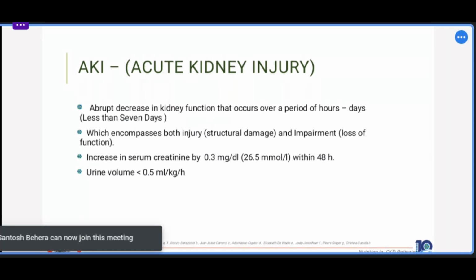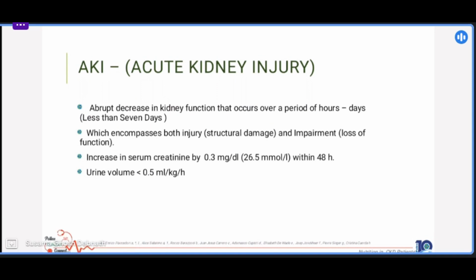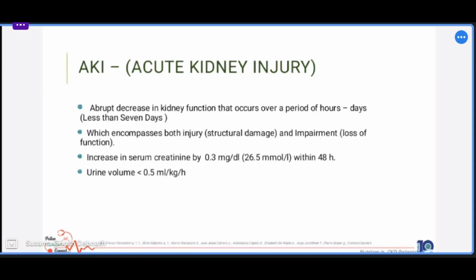Both can happen. But chronic kidney disease is the functional compromise. In AKI there is an increase in serum creatinine of 0.3 milligram per deciliter within 48 hours, and urine volume also gets compromised, less than 0.5 ml per kg per hour. That happens in acute kidney injury.